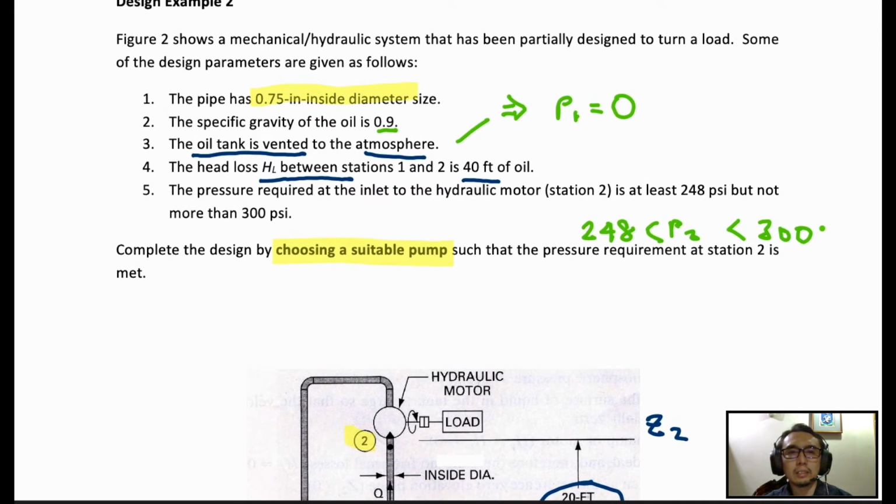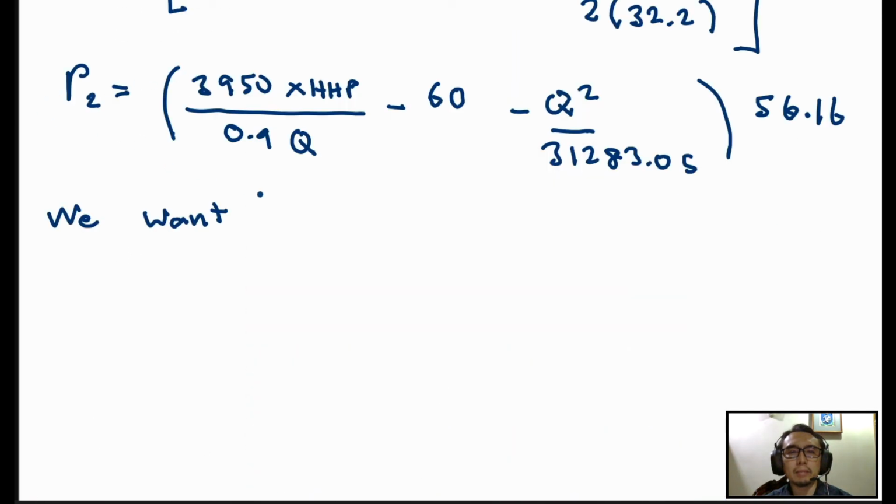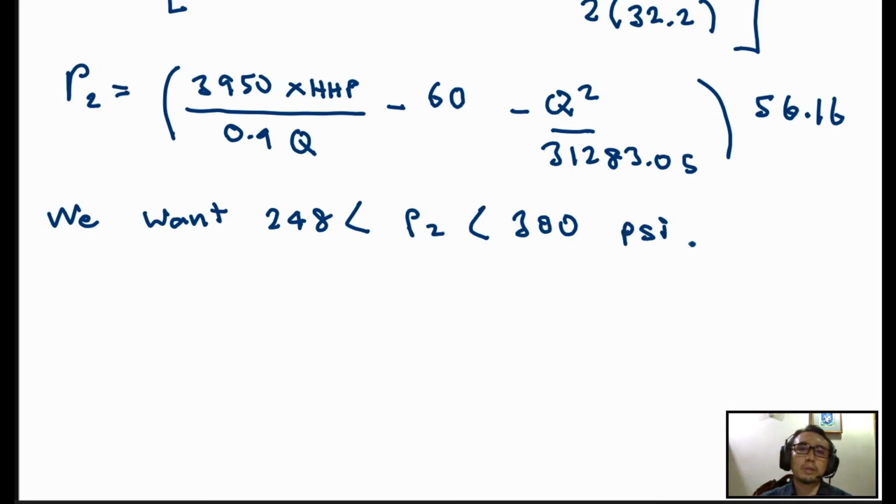But that is in psi, pound per square inch. So if we want to substitute this P2 into the equation, then we have to convert it into pound per square feet. So say we want it to be 275, and we need to convert this to pound per square feet.